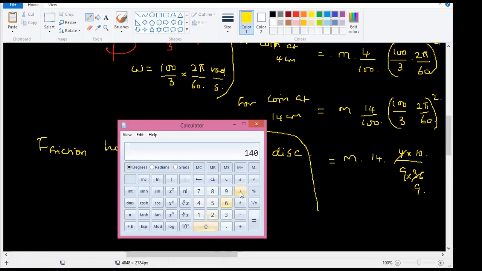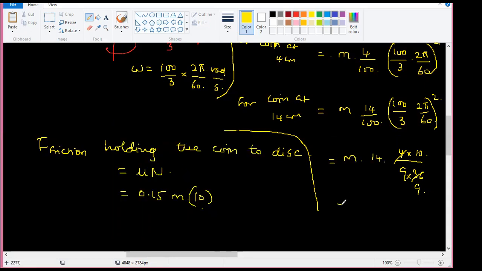Don't worry about my calculation. Tell me what you are getting here. Are you getting something close to this or not? Do it in your own method and tell me what you got.